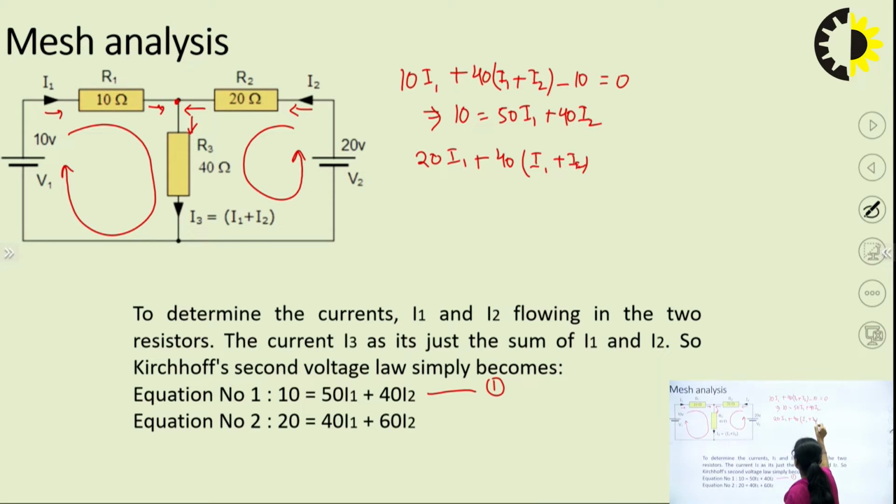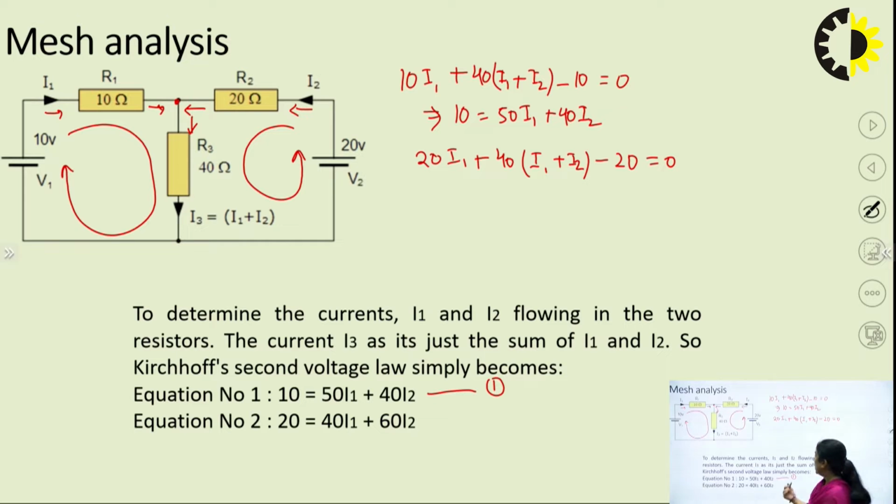Now for this 20 volt source, we will write minus 20, and this is equal to 0.